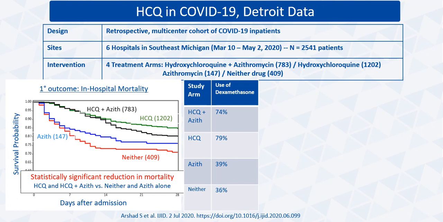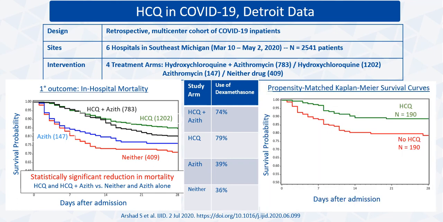So the authors, to their credit, ran a propensity-matched analysis matching on age and comorbidities, as well as use of these additional or concomitant therapies. I think oxygen utilization and admission to the ICU.